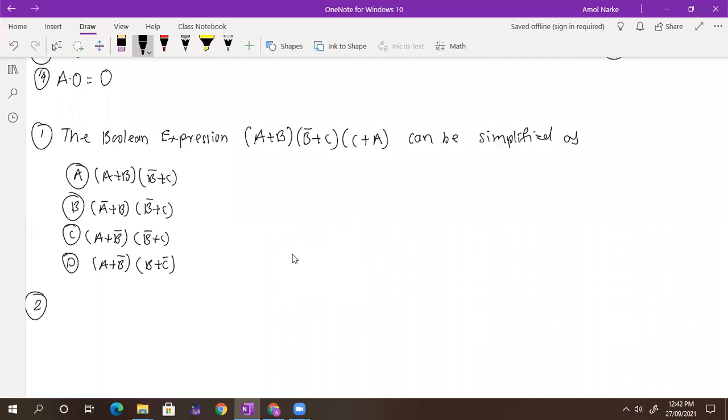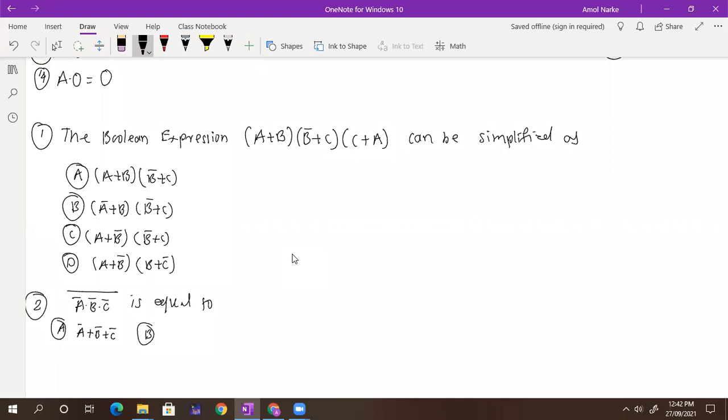And the next example: A bar dot B bar dot C bar, whole bar, is equal to... Again, option A. Can someone tell me what it comes to? Let's see which option it will become.